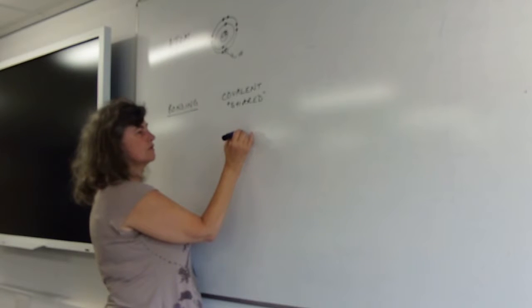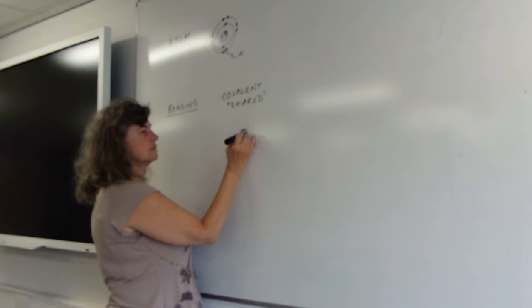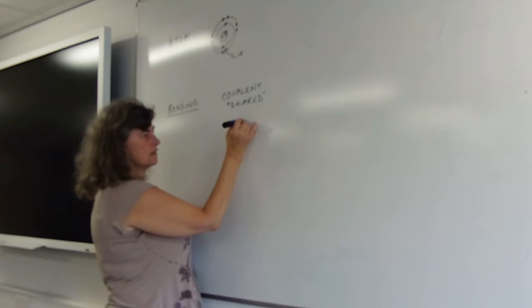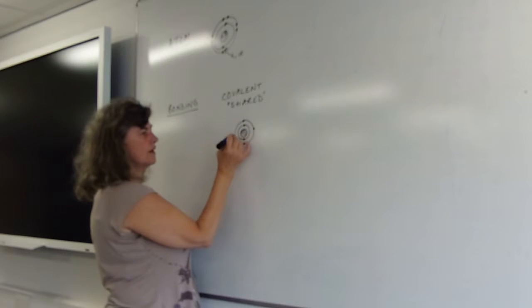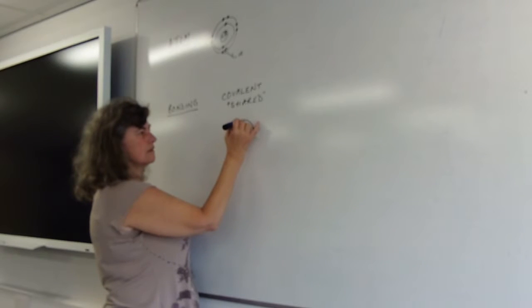Water is composed of oxygen atoms. Oxygen has the atomic number... got 1, 2, 3, 4, 5, 6, 7, 8.